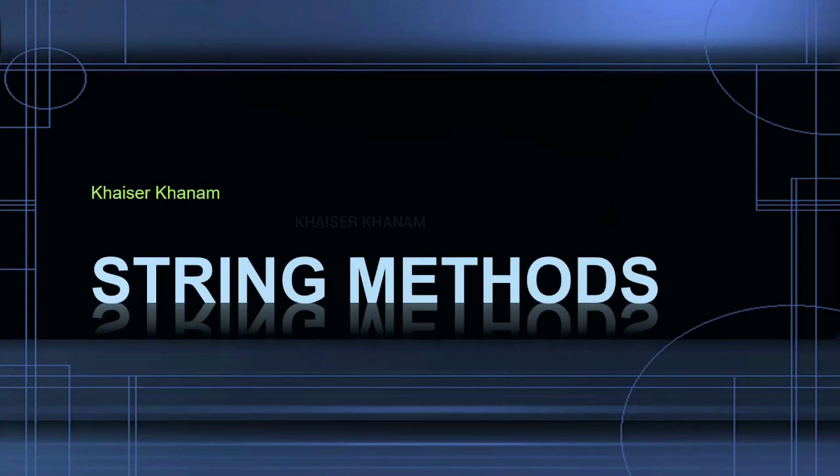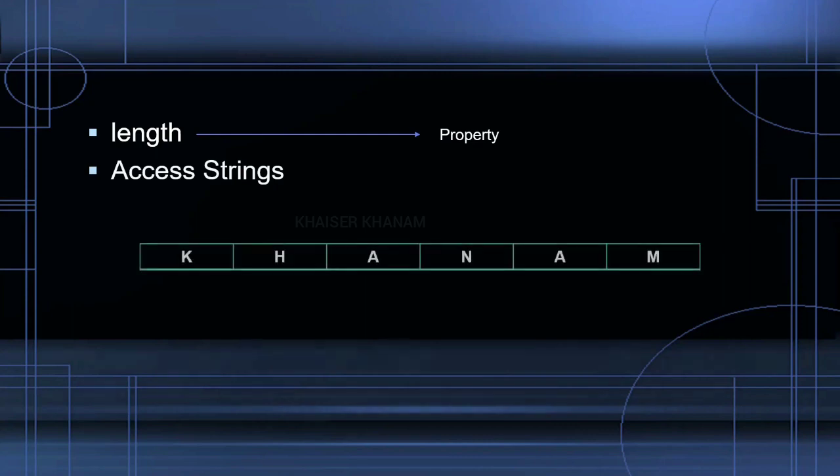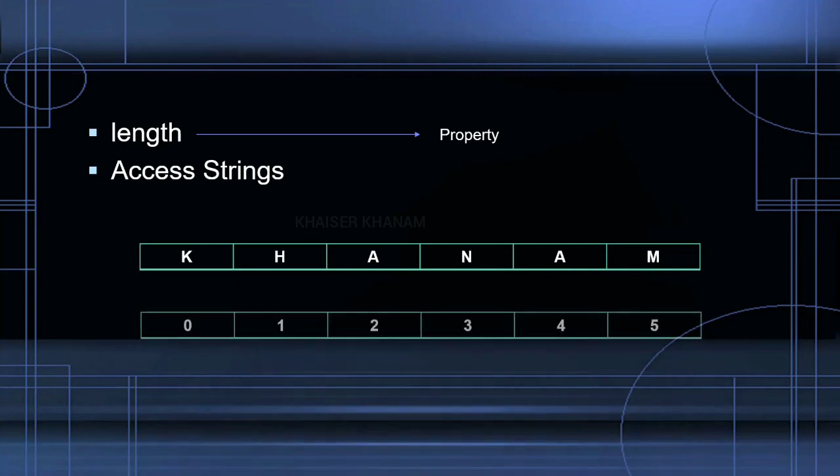Now inside string, we have properties and we have methods. When it comes to properties, there is only one property, which is called length. And also we are going to see how to access strings. Suppose I have an array, and for each and every letter, I will have an index number. Using this index number, how can we access these particular letters?